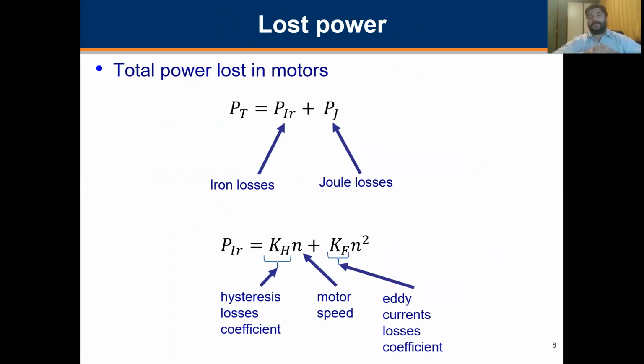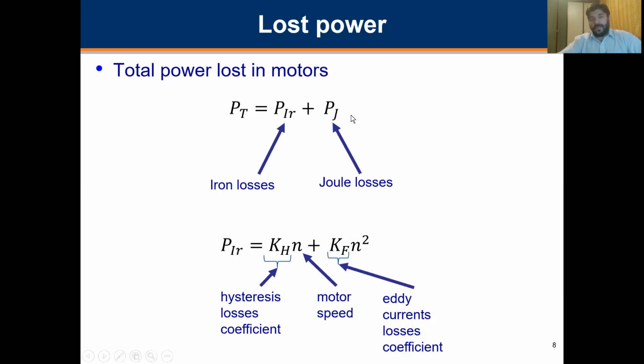Before going to the optimization process, some information regarding the power loss in the motors. The power loss is composed of two items, the iron losses and the Joule losses. The Joule losses depend on the electric resistance of the motors and the current passing through the motors.